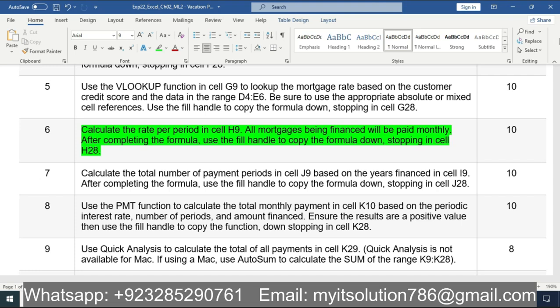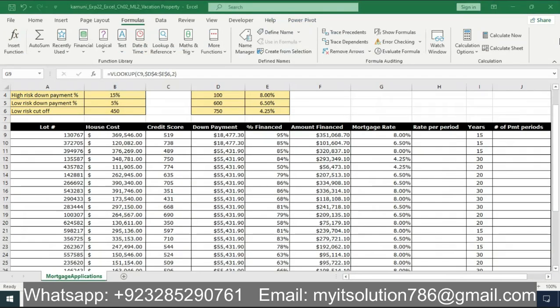After completing the formula, use the fill handle to copy the formula down, stopping in cell H28. So in this step we calculate the formula in H9. So we go to our Excel worksheet, and in cell H9 we enter a formula to calculate the rate per period.